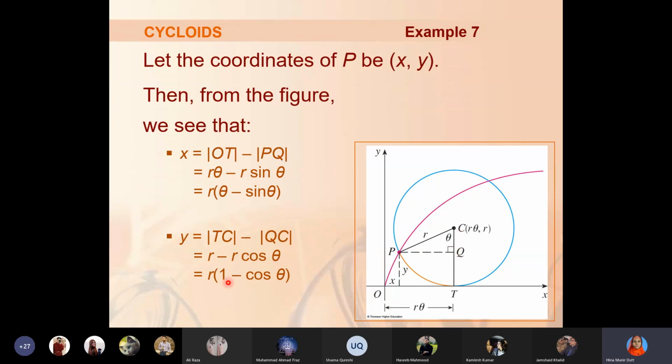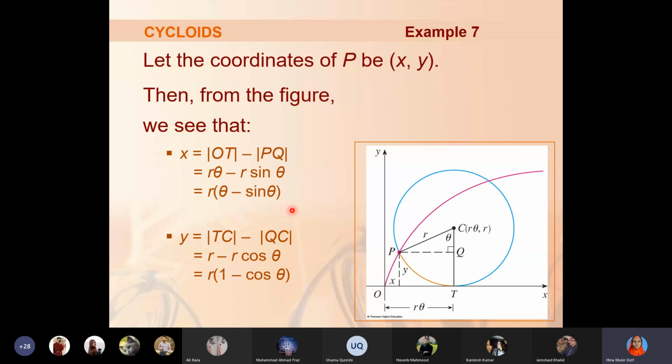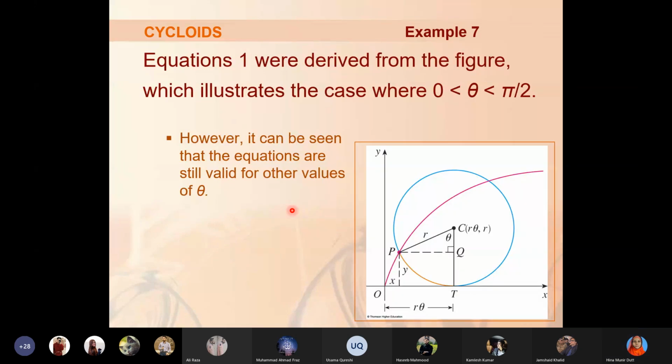You can take R common, so I get R into 1 minus cos theta. So now these two are the equations of the cycloid. x is equal to R into theta minus sine theta, and y is equal to R into 1 minus cos theta. Theta is any real number. So these two are the parametric equations of a cycloid. We have determined these from here. Any question?